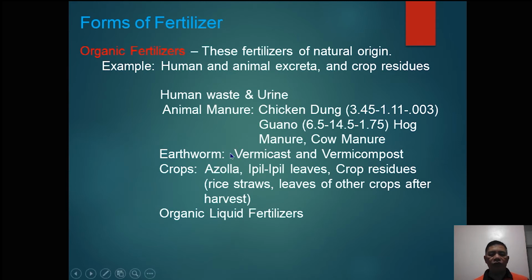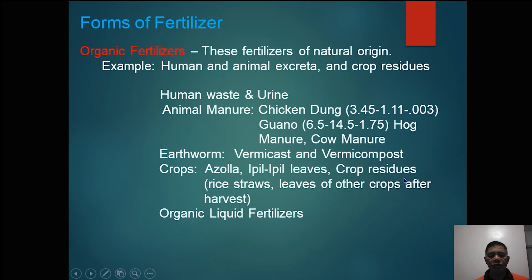Then we have earthworm, vermicast, and vermicompost. This is common today. You can buy this from agricultural suppliers or perhaps from the offices of the Department of Agriculture. Then we have also azolla, ipil-ipil leaves, and crop residues.